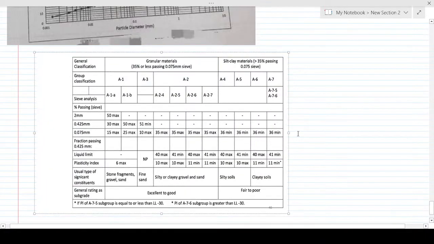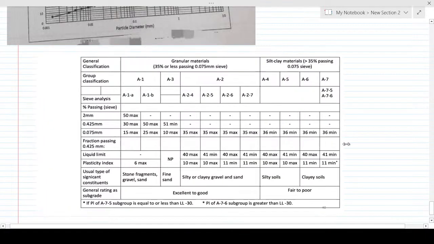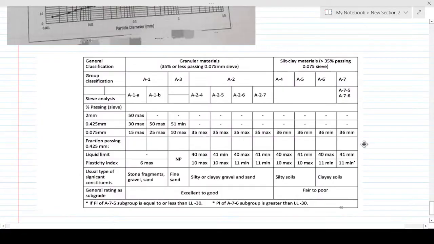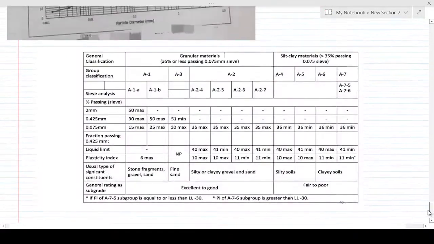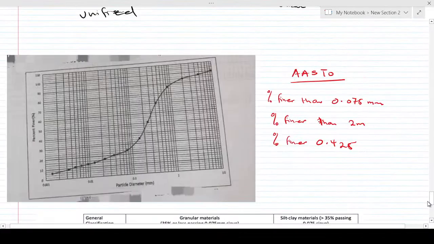It has two sides: this side, which is the granular materials, and this side, which is the silt-clay materials. First of all, you are going to consider the three things I said you need.